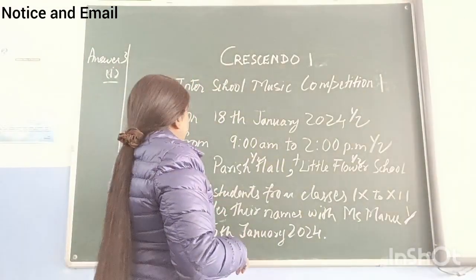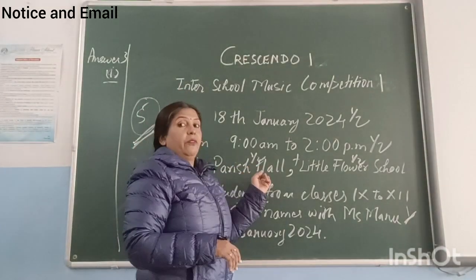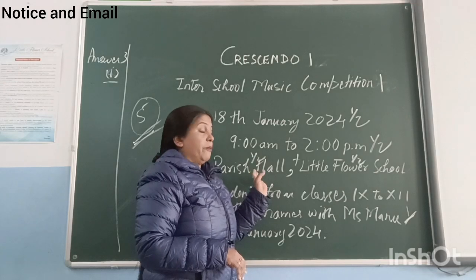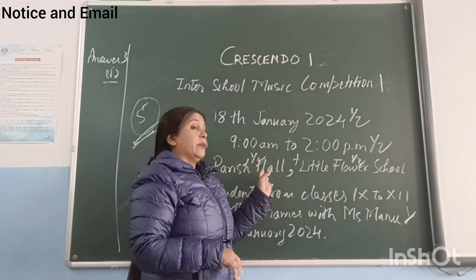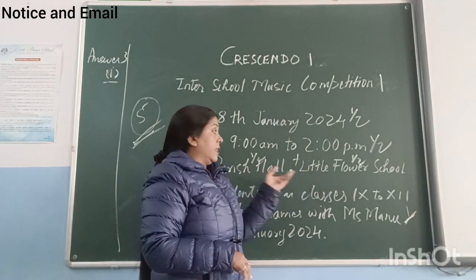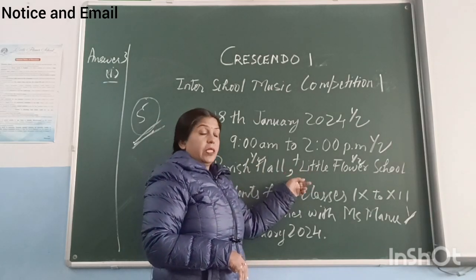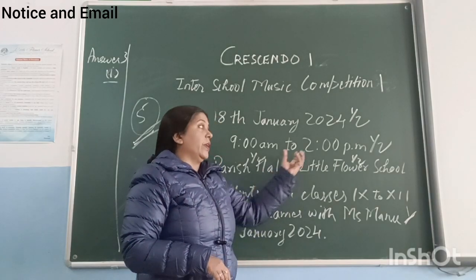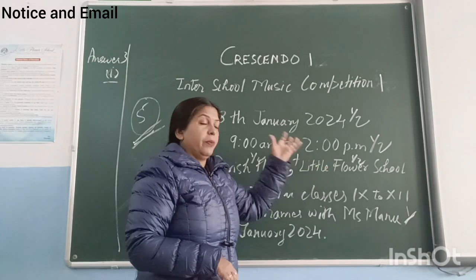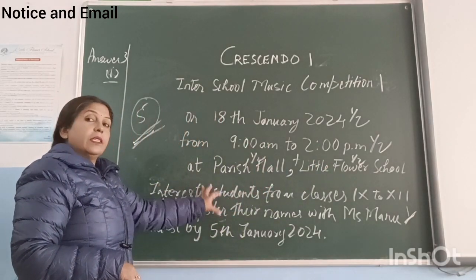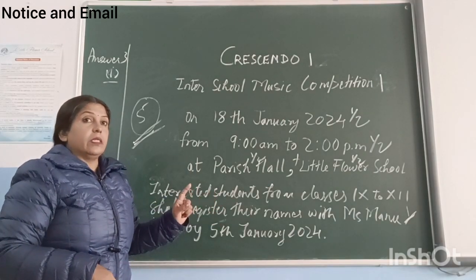Then again the parish hall venue, where I told you what mistakes the children have made, so you will not repeat that. P capital and School in capital letter, and a comma is a must here, because you have to show that this is the smaller venue and you are proceeding to the bigger venue. Then try to complete this part in only one sentence.